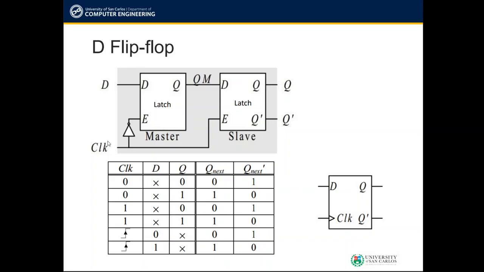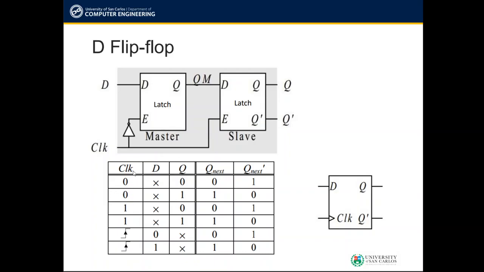Let's say the clock is running at 1 second per pulse, so it has 1 second from low to high, and then another second from high to low. At the same time, it differs from the duty cycle being used. Below here are the characteristics of your D flip-flop.